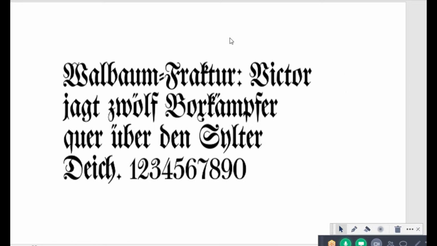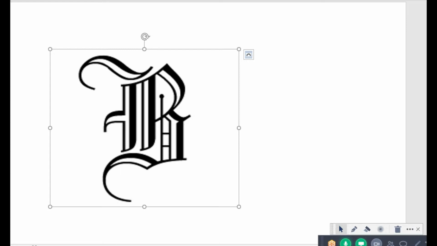Okay, you see this example here: Waldbaum, Fraktur, Victor, Jagd, 12, Vorkämpfer, quer über den Sulterdeich. So, just an example of the Fraktur script that we're looking at. The point of this is not to look at something grammatically challenging, but to identify the letters. This is a capital B, pretty elaborate.